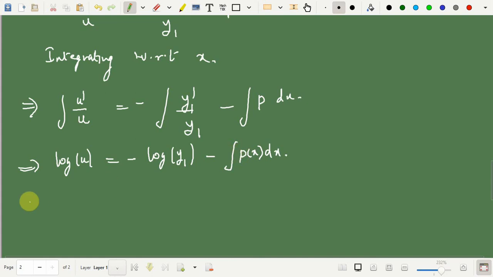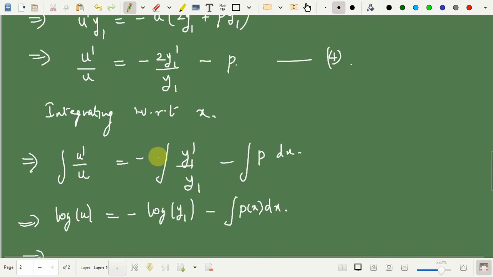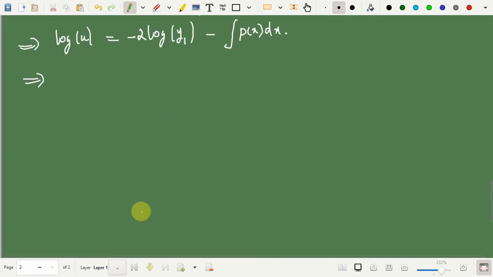Here I missed 2, there should be a 2. When I take this to the other side and use the property of log, this would come here as plus 2 log y1, which can be written as log y1 square. So log of u plus log of y1 square is same as log of u into y1 square, and the other side remains as it is, minus the integral of p of x dx.